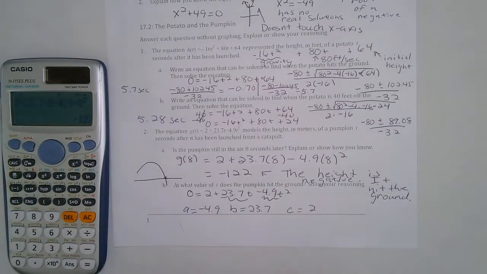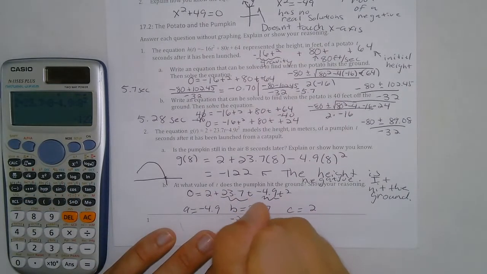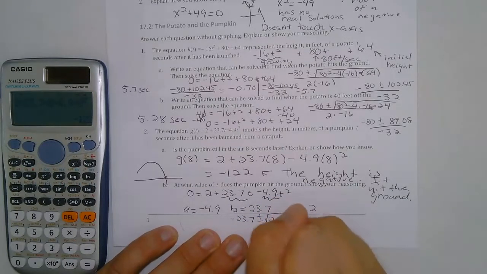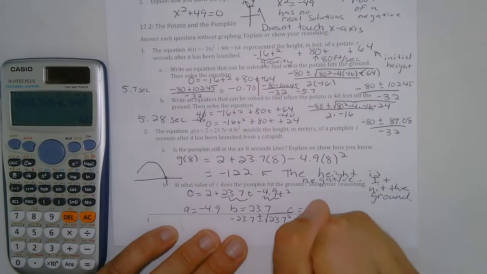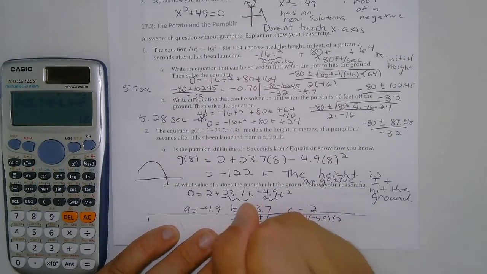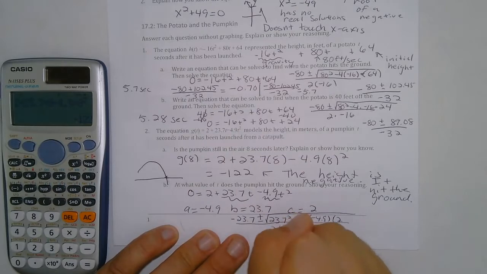So we'd use the quadratic formula: negative 23.7 plus or minus the square root of 23.7 squared minus 4 times negative 4.9 times 2, all over 2 times negative 4.9.